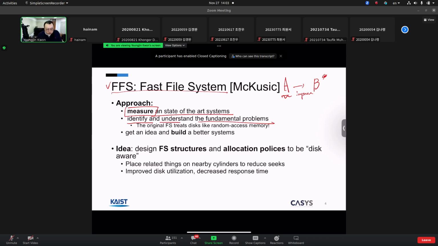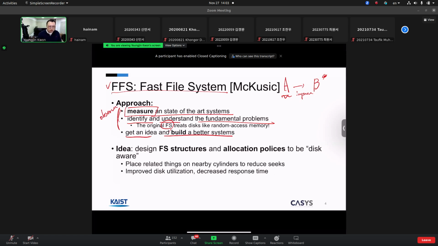So it seems the original file system has this design principle, and I think this design principle is invalid nowadays. I think this design principle is inefficient. Wrong is a strong word, sorry. Inefficient. Because of this observation, you get an idea to build a better system to address these inefficiencies.